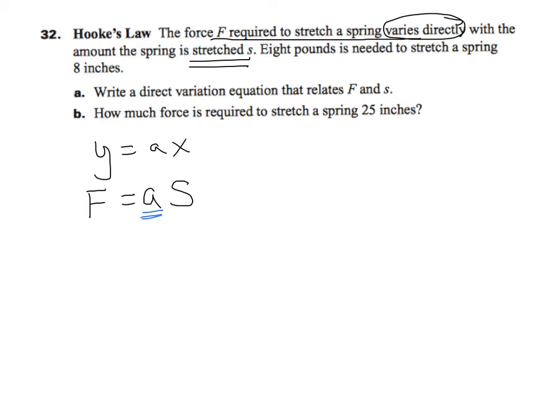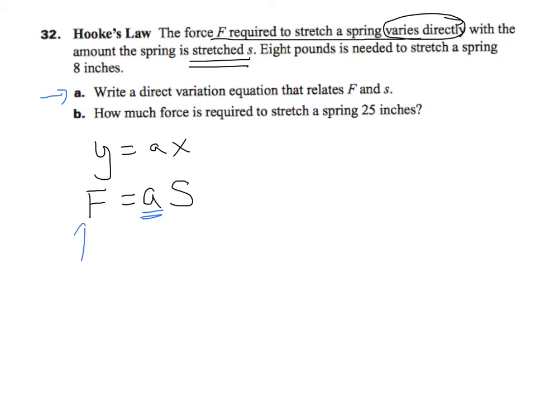If 8 pounds is needed to stretch a spring 8 inches, we need to then write a direct variation equation that relates F and S. Well, let's go back. The force required to stretch a spring varies directly with the amount the spring is stretched, and 8 pounds stretches 8 inches.